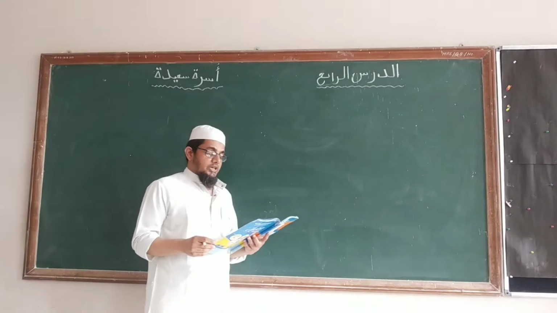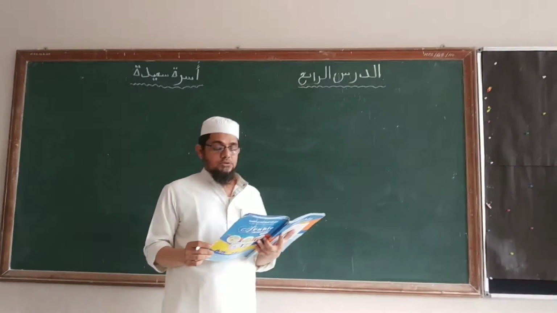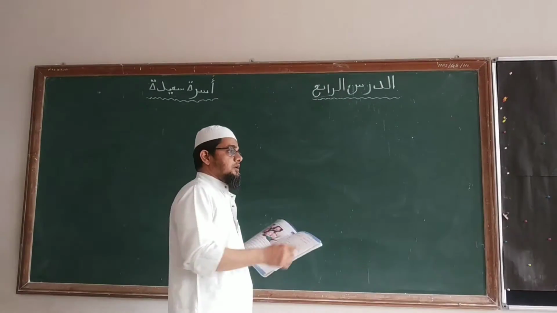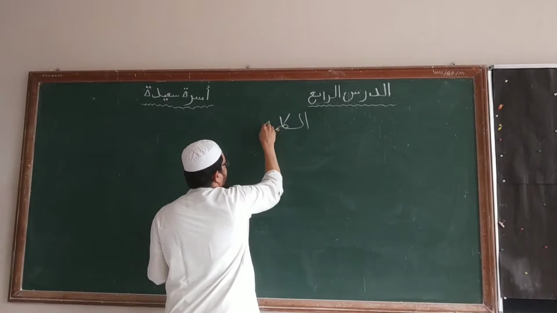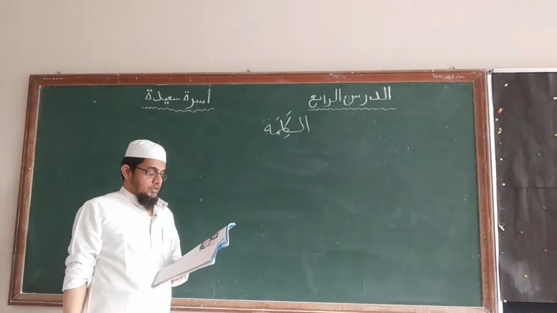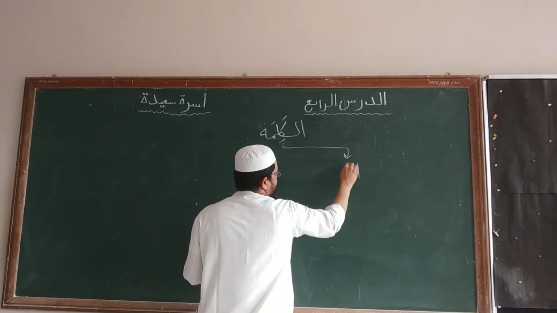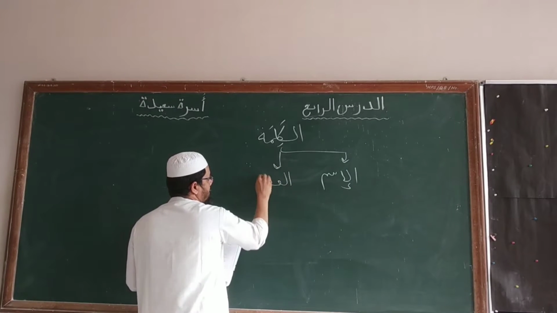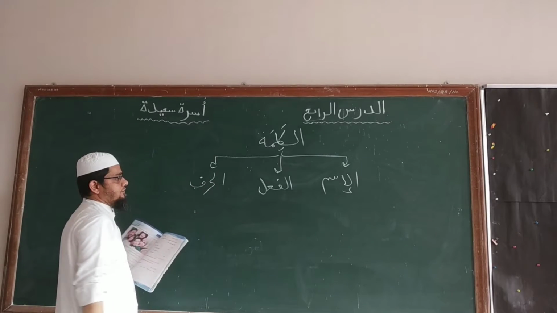Previously, in 6th also and before break also, you learned about types of word, means aqsamul kalima. Kalima means word. Kalima has 3 types: ism, fi'l, harf.